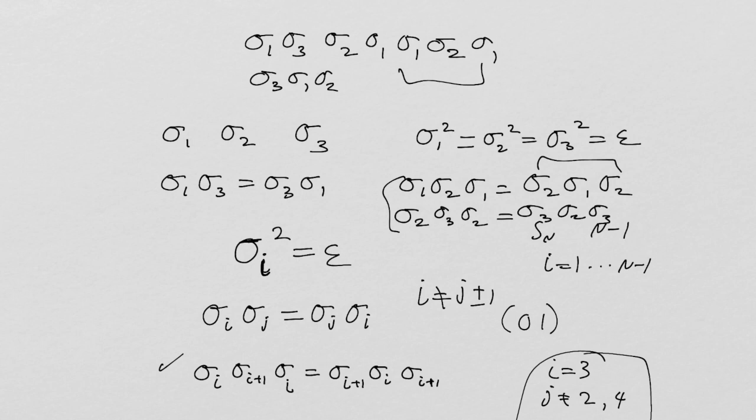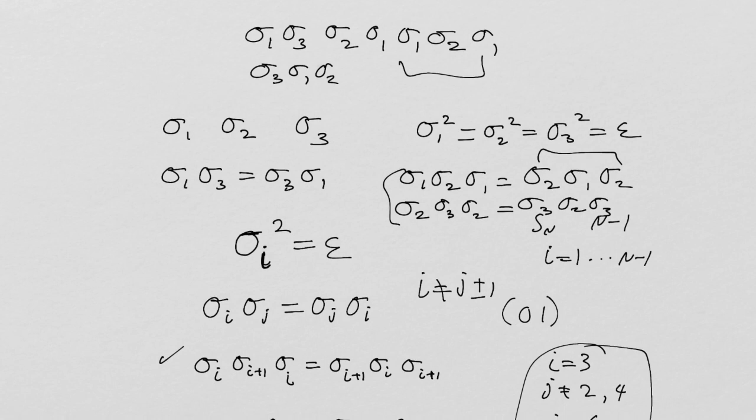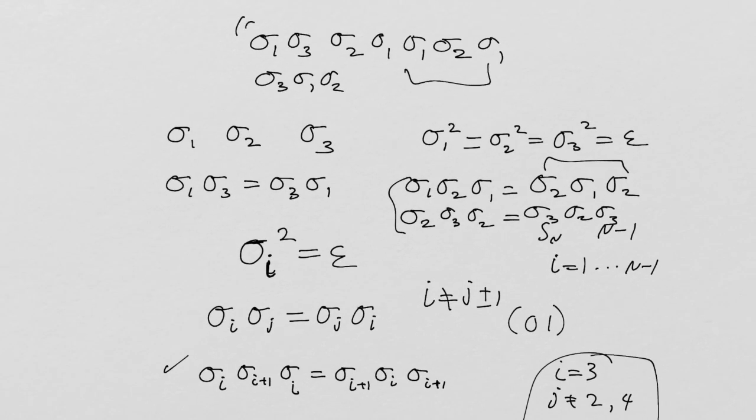You no longer are really treating it like permutations. But if we set them up as such, if we said sigma 1 was (0 1), sigma 2 was (1 2), and sigma 3 was (2 3), that would work. Those 3 transpositions are all you need to create any permutation.